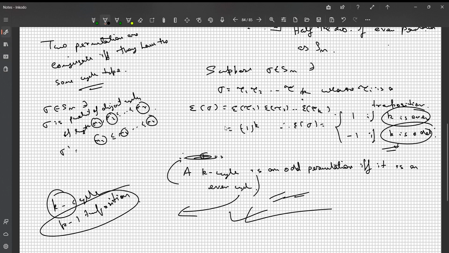So if k is even, you have an odd number of transpositions. So a k cycle is an odd permutation if and only if it is an even cycle. Clear? Got it? Okay. So let this be up to this much.